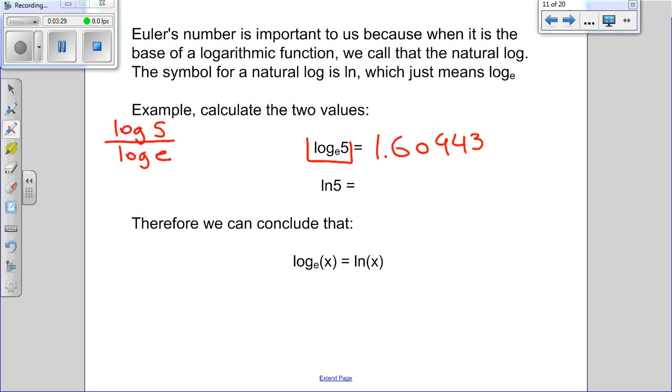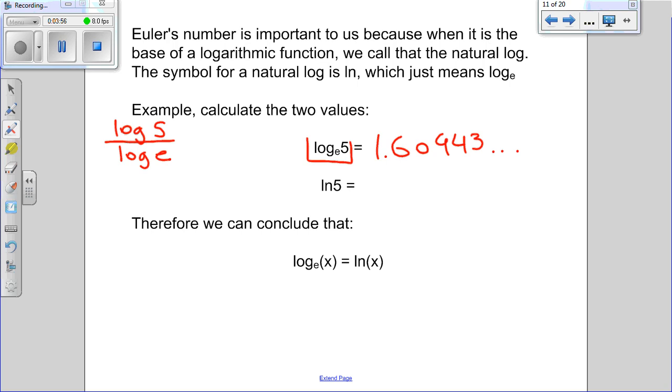E is the special symbol above the division symbol, so go second and the division symbol. There's another way to write the word log, and it's the ln. If you look on your calculator, it should be right below log. So to calculate ln 5, you go ln 5, enter.